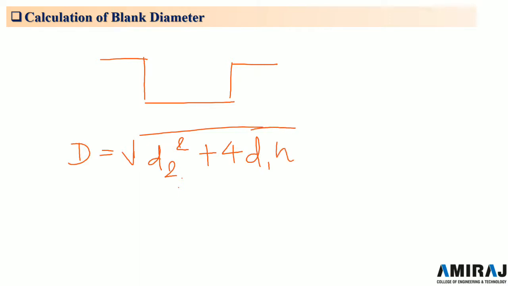What is the difference between the earlier equation and this one? In the earlier equation it was D equal to under root d square plus 4dh, but here these two values are different. First one is d2, second one is d1. The d1 and d2 are the diameters of the cylindrical and flanged section of the shell respectively.